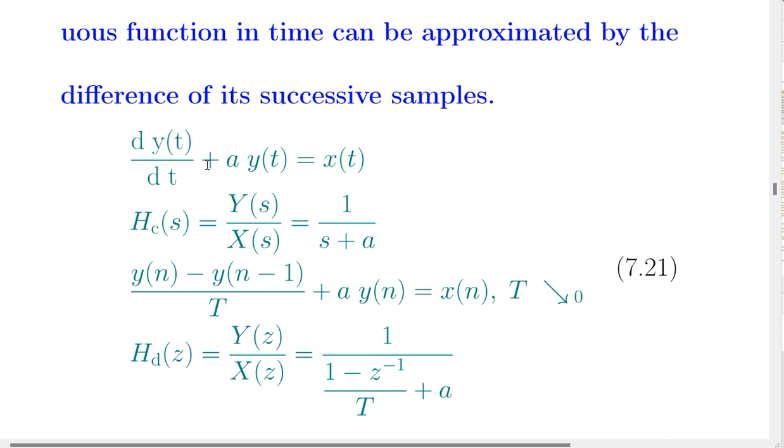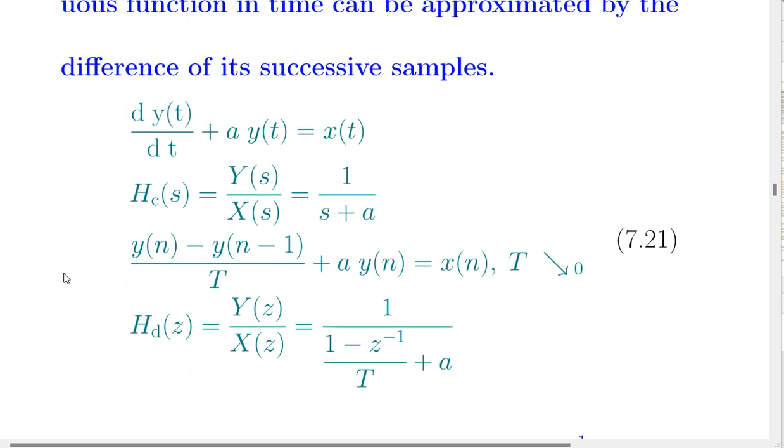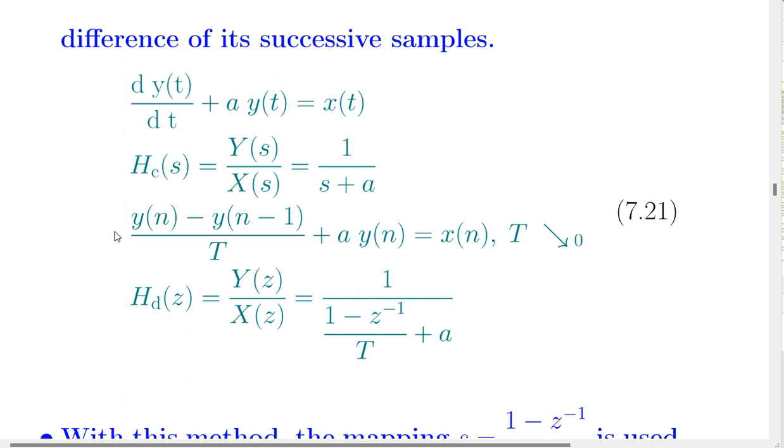dy of t over dt plus a times y of t being equal to x of t, a normal differential equation. So H continuous of s, the Laplace transform for the system, will be Y of s over X of s, equal to 1 over s plus a. Now, in digital form, dy of t over dt will be equal to y of n minus y of n minus 1 over T. Okay?